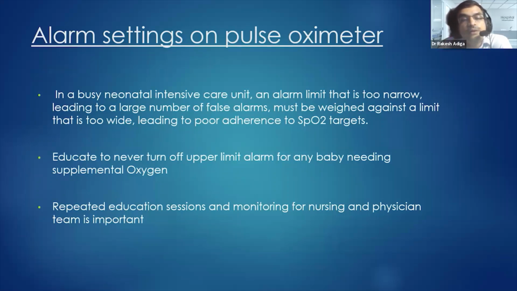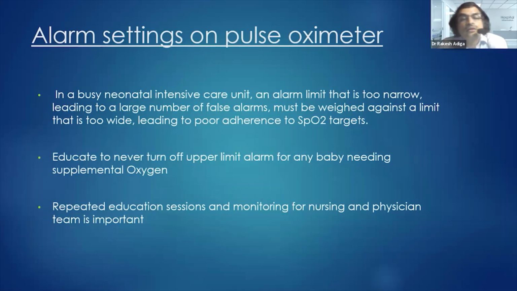If you keep a narrow range, there can be false alarms and alarm overload. So with each alarm, we should increase or decrease the FiO2 only by around 5%. If you increase or decrease oxygen too much, that is not good. The fluctuation should be around 5%. In PPHN, it should be around 2%.